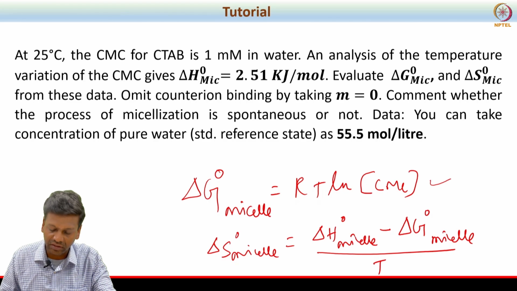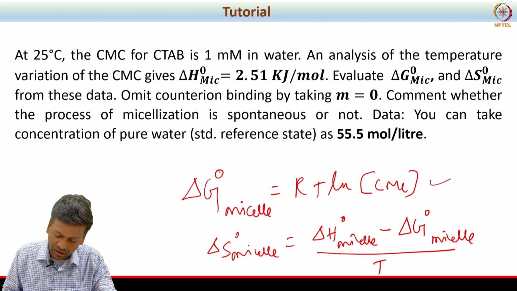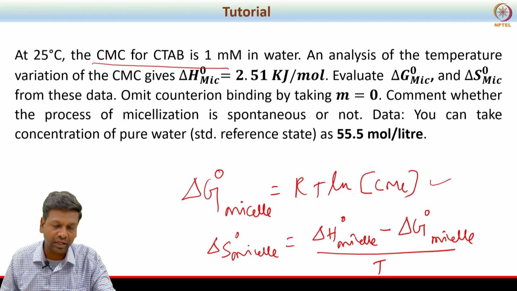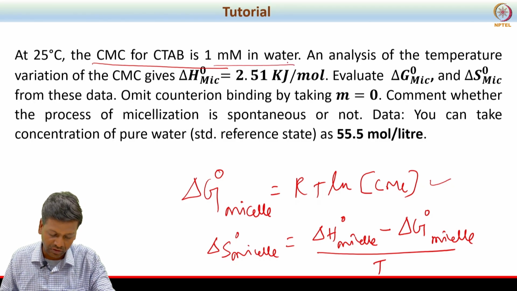In this equation, what is to be known is the critical micellar concentration, that is CMC. For the case of the CTAP surfactant, the CMC is given as 1 millimolar in water.